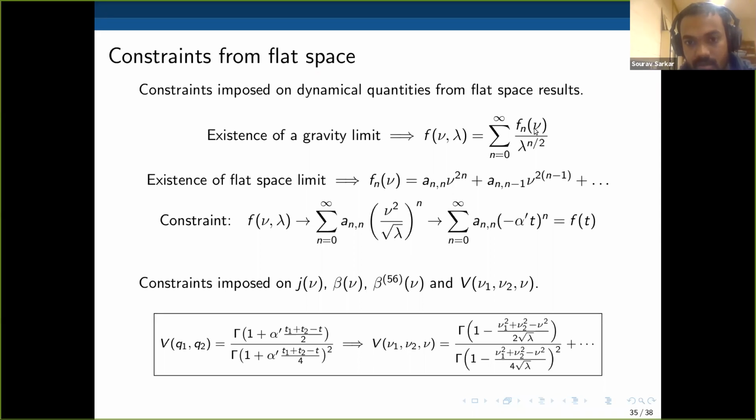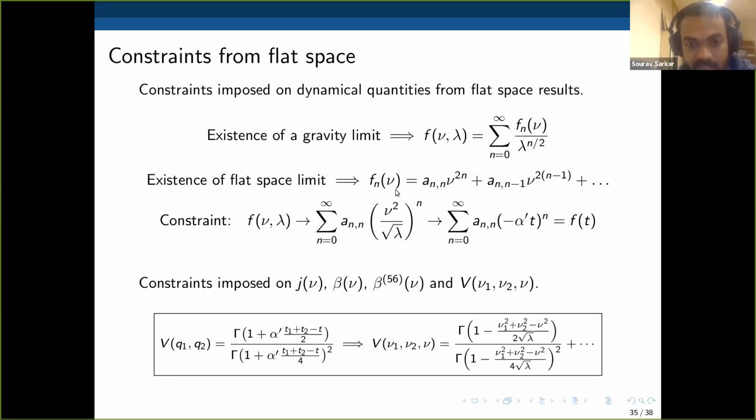And then if we assume that a flat space limit exists too, then for a given term here, corresponding to a given power of lambda, it limits the maximum power of nu it could have. If it were any higher, it would blow up. So Fn is constrained to be of this form and have this maximal power.